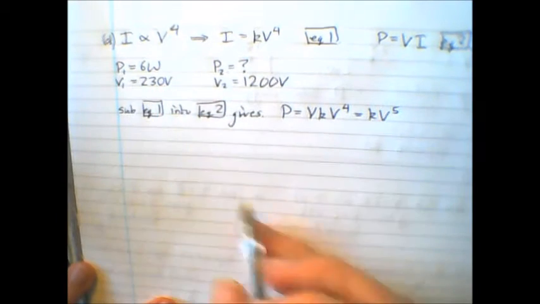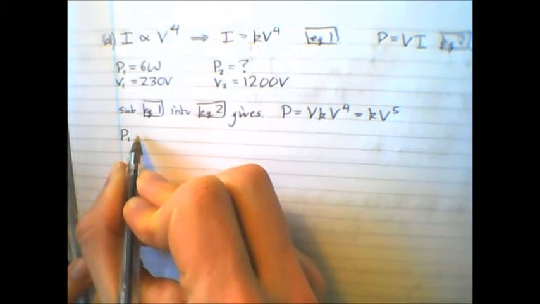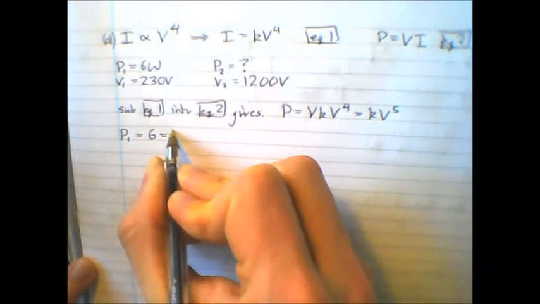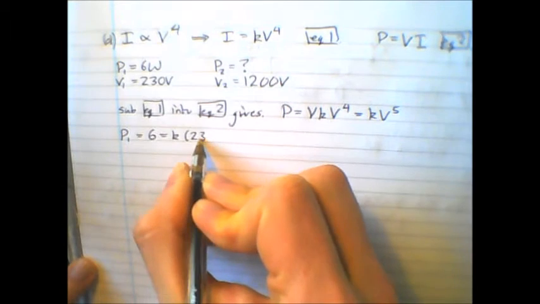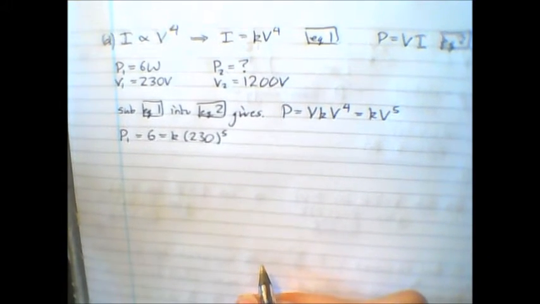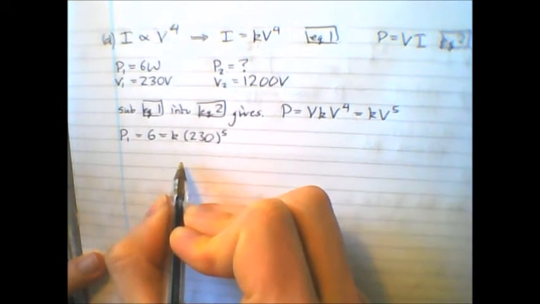So now we can look at case 1. P1 equals 6 equals K, and then 230 to the 5. Therefore, we can work out what K is.